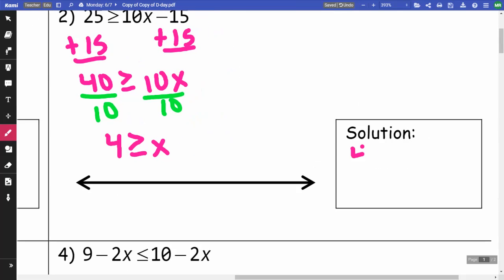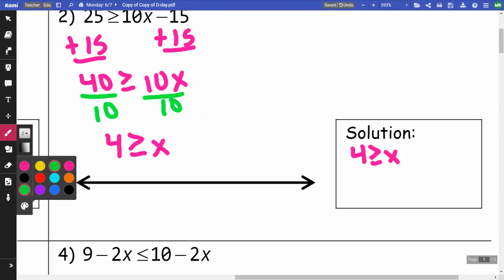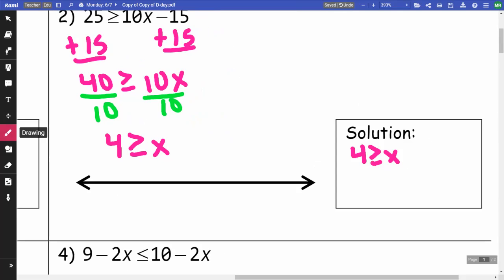You can keep it as 4 is greater than or equal to x, or instead you could have written it, and I'll do this in green, since 4 is greater than or equal to x, that means x is less than or equal to 4. These are the same answer. It's just one is written with the x on the left-hand side, the one in green, and the top one in pink, it's on the right-hand side.